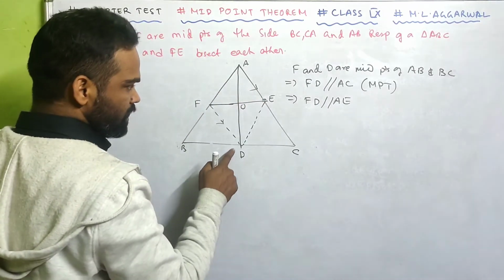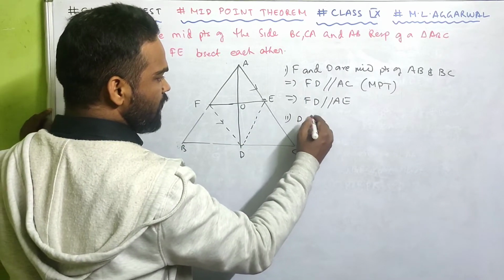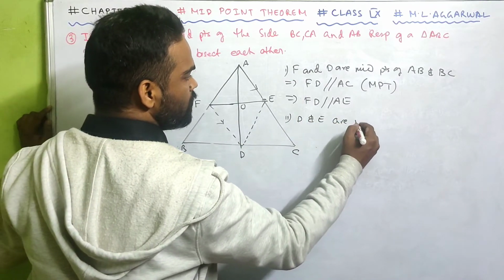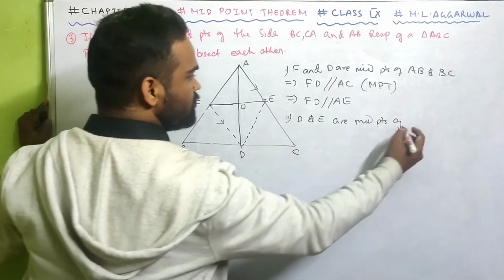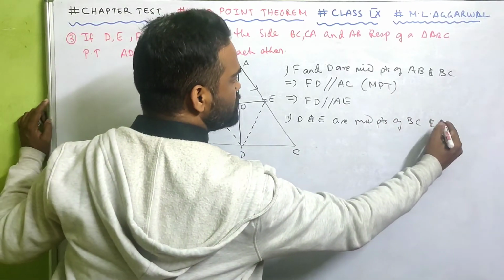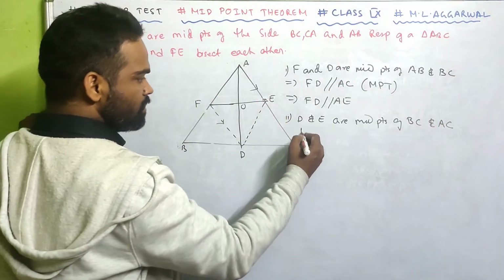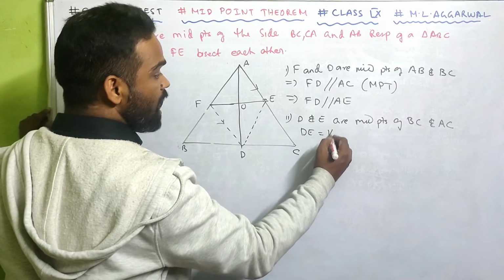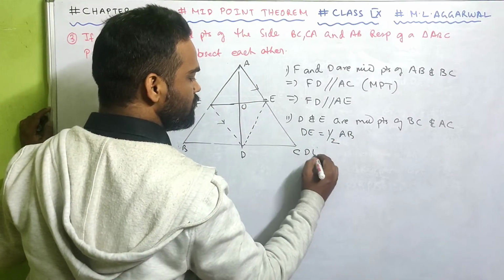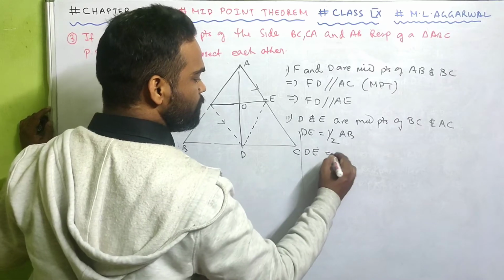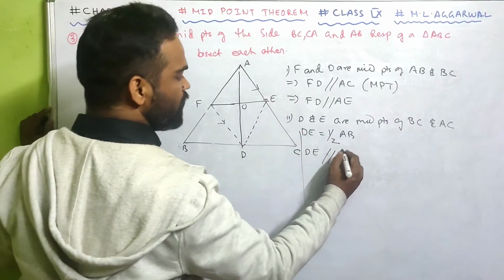Now, look carefully. D and E. Just check it out. D and E are midpoints of BC and AC respectively, which means DE will be half of AB and DE will be parallel to AB.